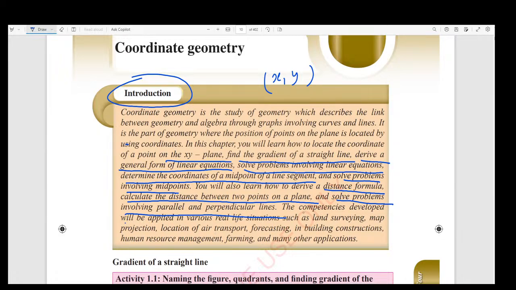The competences developed will be applied in various real-life situations such as land surveying, map projection, location of air transport, forecasting in building construction, human resource management, farming, and many other fields, dear students.